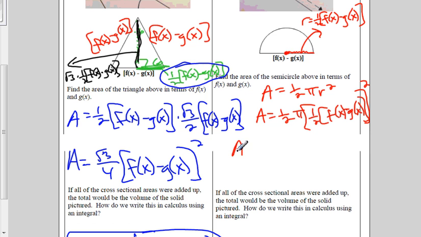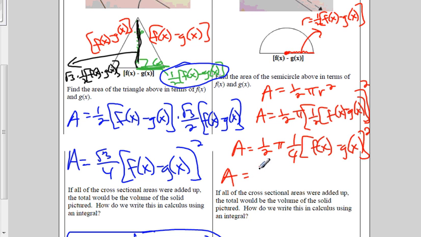So actually, let me write this up the long way. So we get 1/2 pi times 1/4, and then we get our f of x minus g of x. Now that's squared because I squared the 1/2, and then I squared this. And now I can write this as 1/2 times 1/4 is 1/8 times pi, so pi over 8, and then f of x minus g of x all squared.